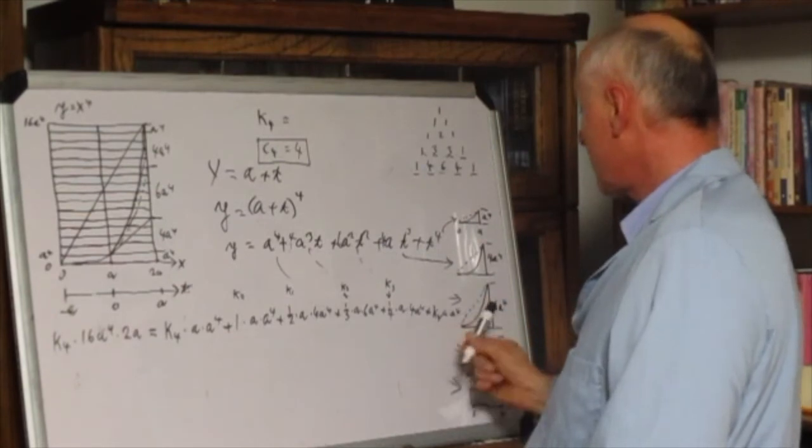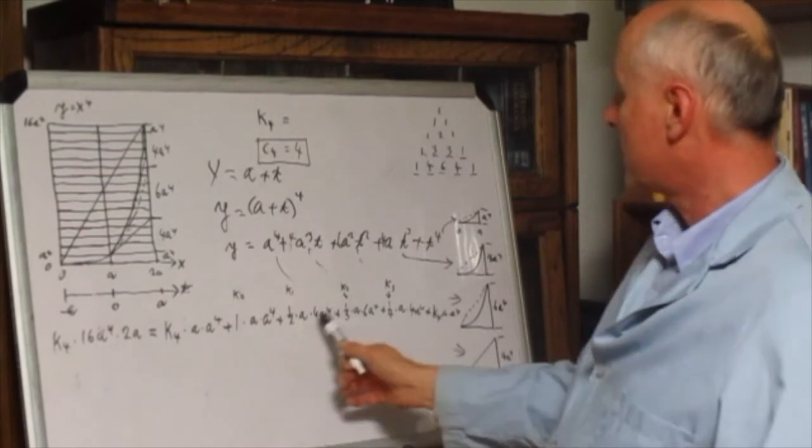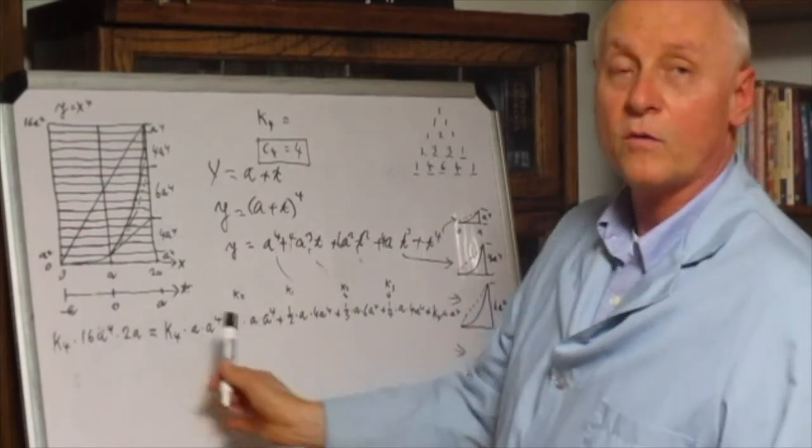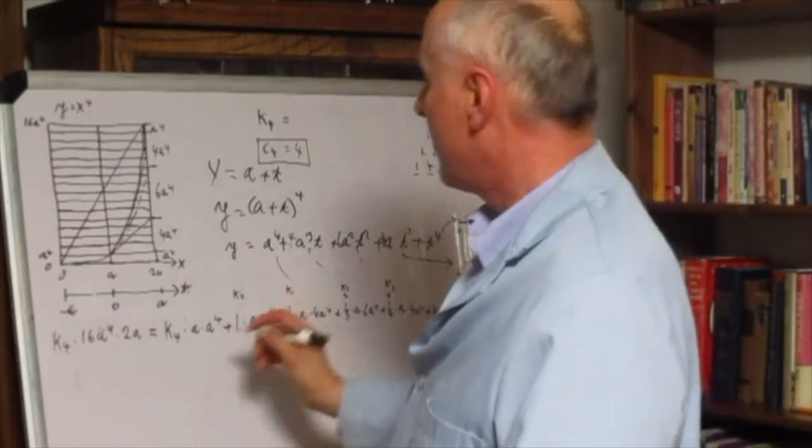And you notice that the a times a to the 4th on all of these will simply cancel out and it's gone. So we collect, and what do we have?